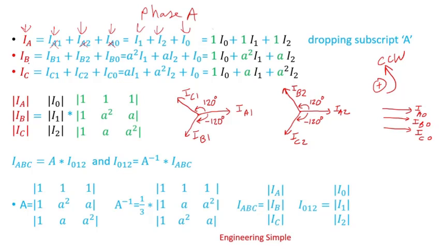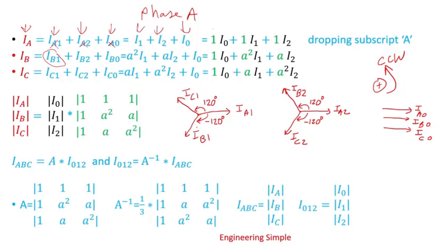So you do the same thing for IB. So IB is just IB1 plus IB2 plus IB0. And what is IB1 in terms of phase A? So here is the positive sequence components.